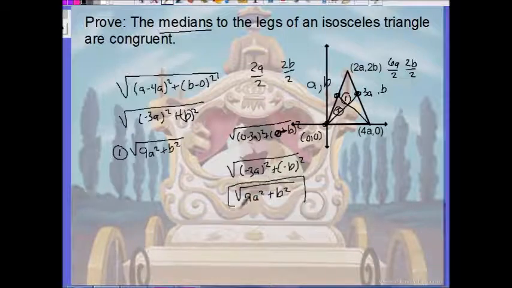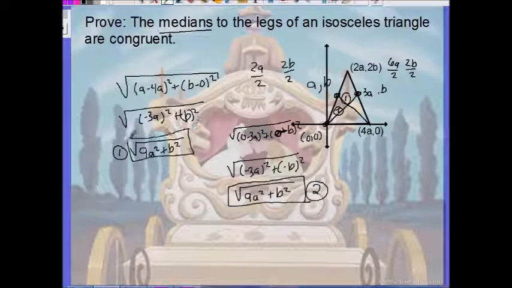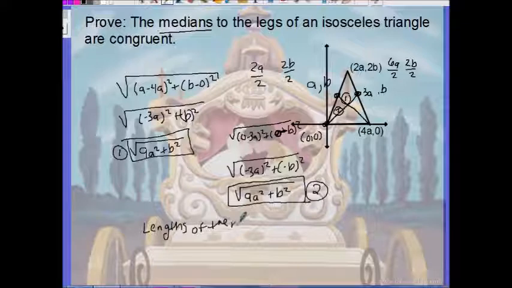And here we have a coordinate proof. So we used our coordinates to show that the lengths of those medians in an isosceles triangle are congruent to each other. So let's go ahead and say that. The lengths of the medians of the legs are congruent. And we're set.